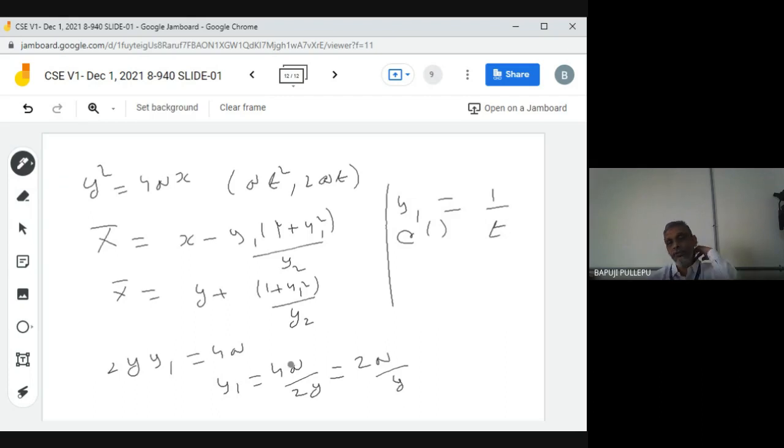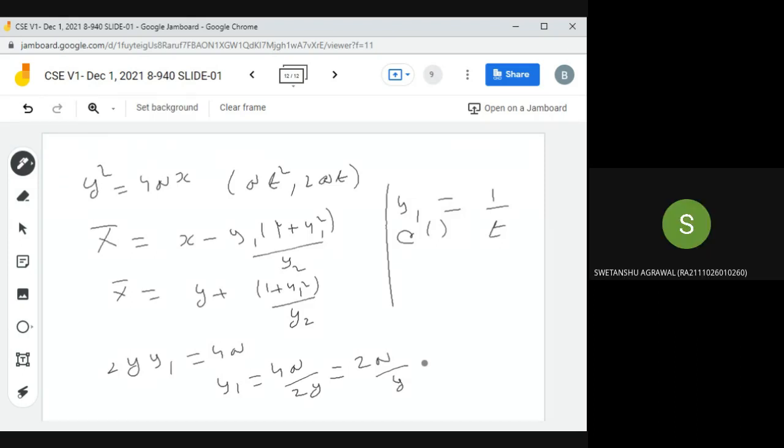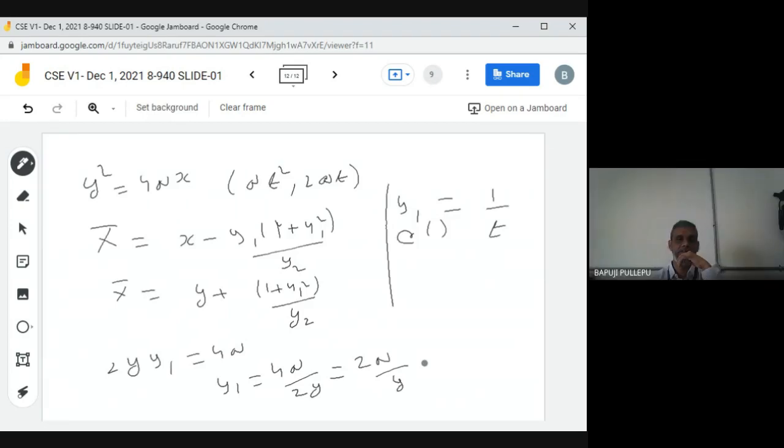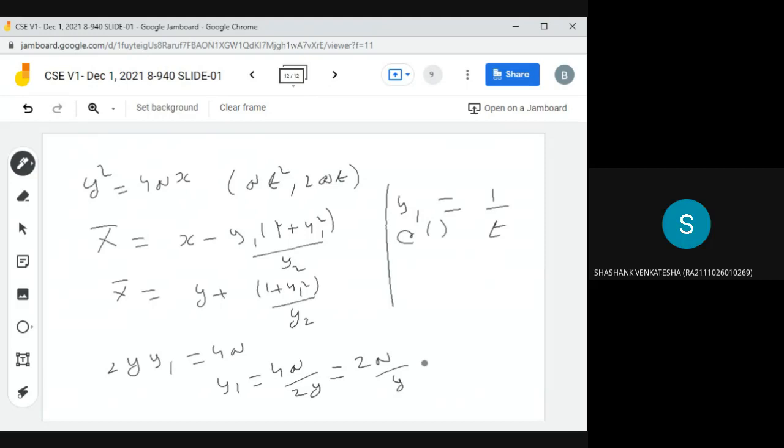Now come on, y2. Y2 we will do the same story. In terms of y only, it means minus 2a by y square into y1. Minus 1 by 2at cube. Y2 is 0, sir? Y2 value is what? No, sir.